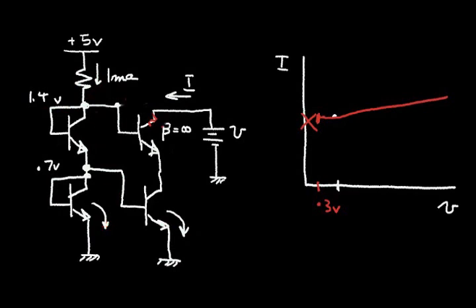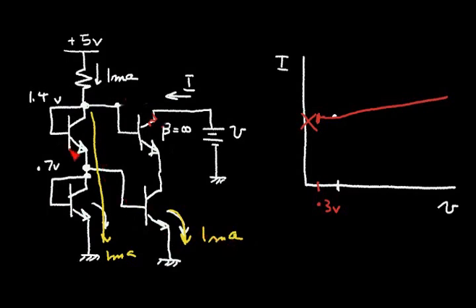I have 1 milliamp essentially flowing in this chain here. Since these transistors are identical, I have 1 milliamp flowing in this transistor.